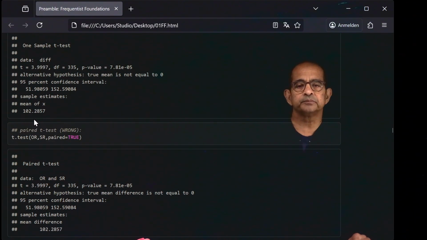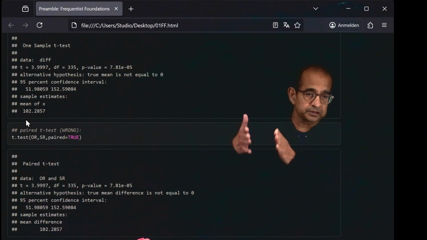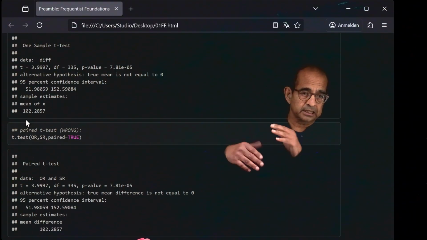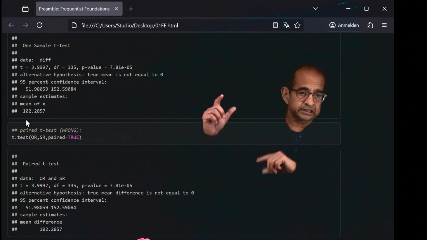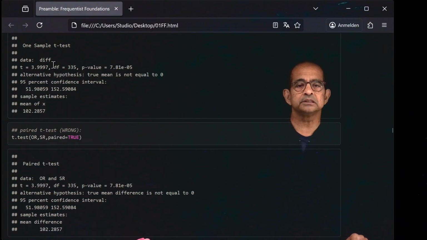The difference of the means is the same, because as I mentioned, it doesn't matter when you're computing a difference of means from the data whether you aggregated it or not, if the data are balanced.